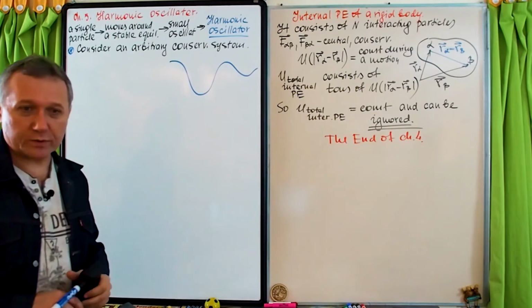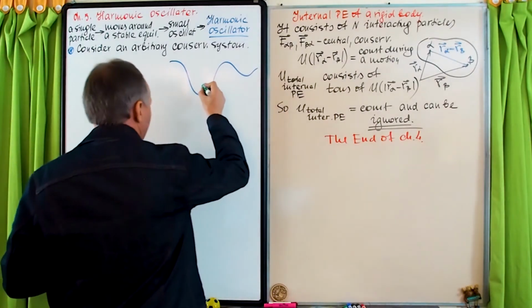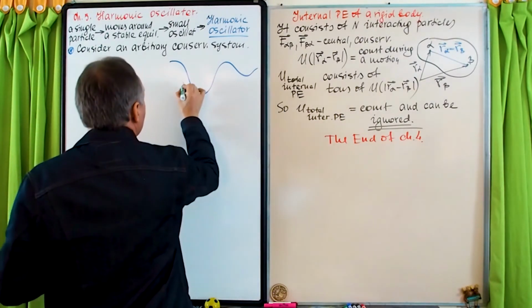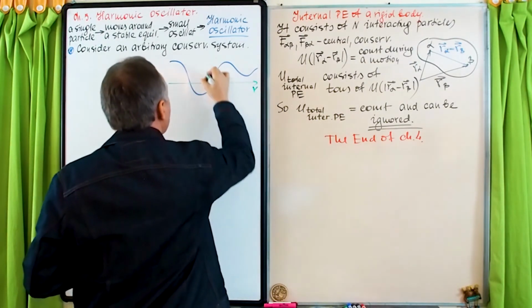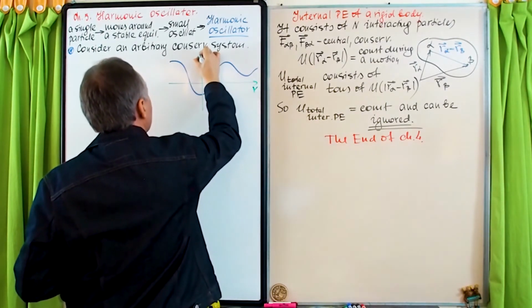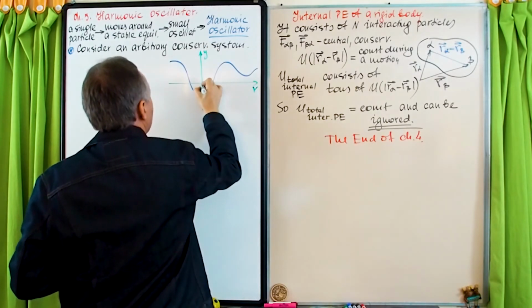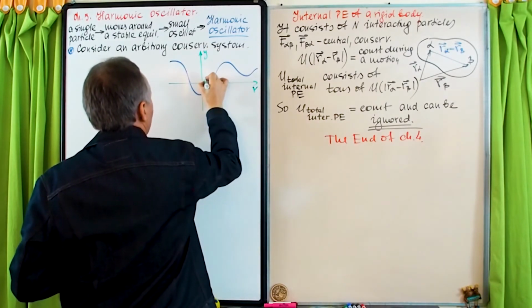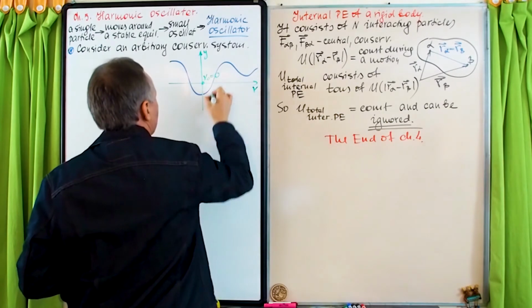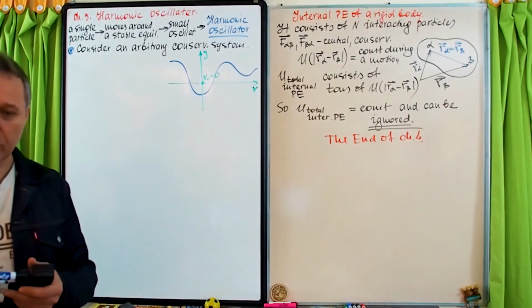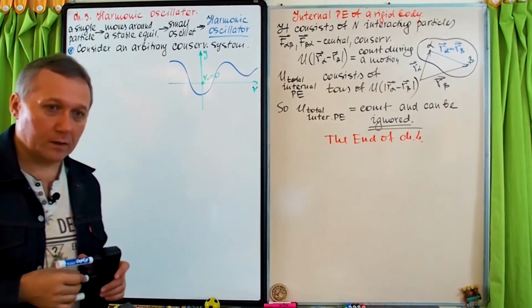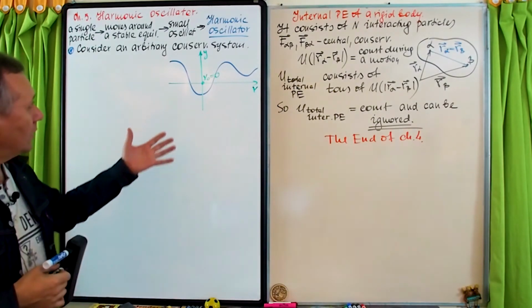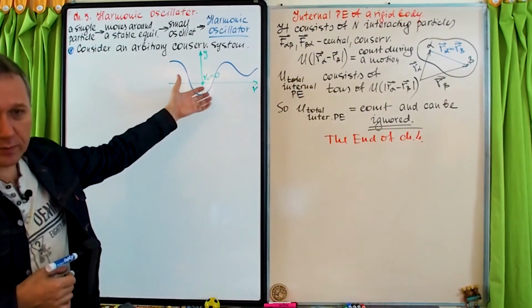Let me position the coordinate system over there. So this is x, this is y, and that was point x naught, but of course, since I position my origin at that point, x naught equals 0. And now we assume that the system is here.